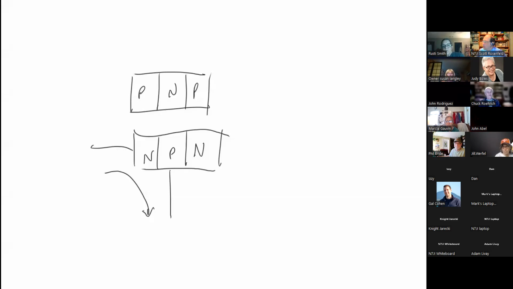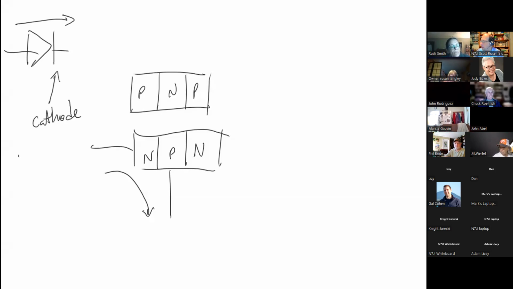Okay, so again, a semiconductor looks like that, and it only works when current flows in the forward direction, and this is called the cathode. And the band looks like this. That's the cathode side, which is the negative side, the plus and the minus.